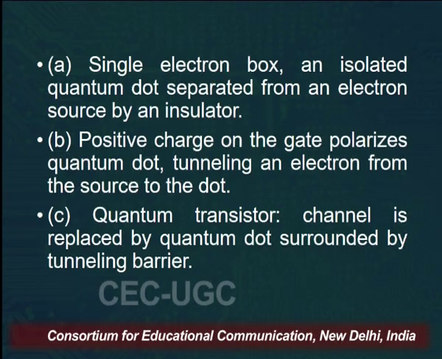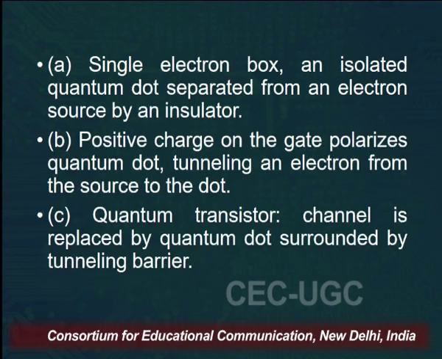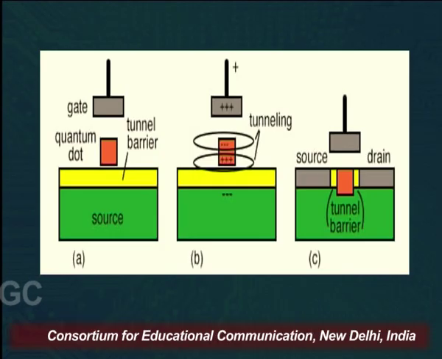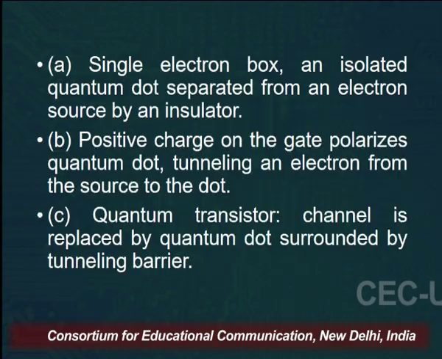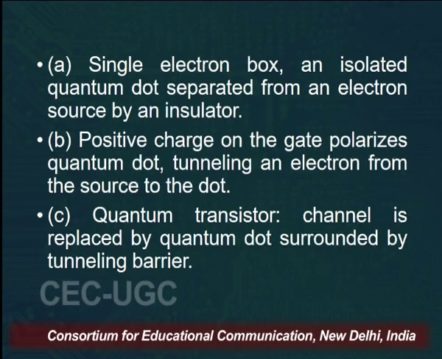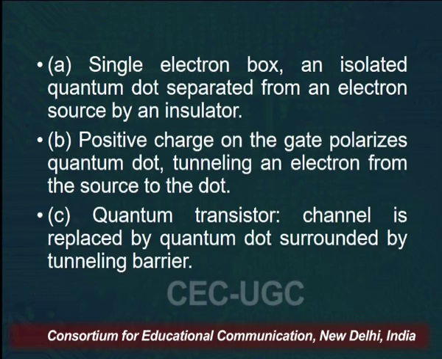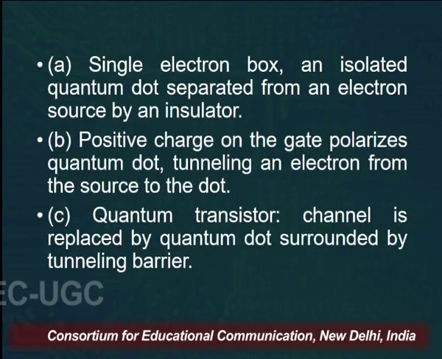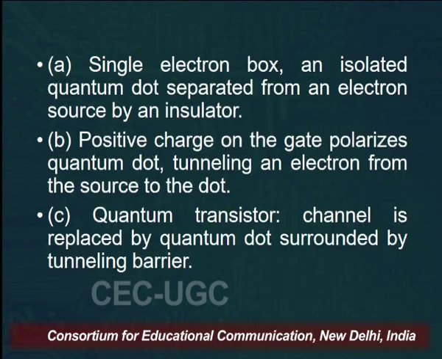A single electron box is an isolated quantum dot separated from an electron source by an insulator. You can see here the quantum dot, source and insulator are different. A positive charge on the gate polarizes the quantum dot, tunneling an electron from the source to the dot.